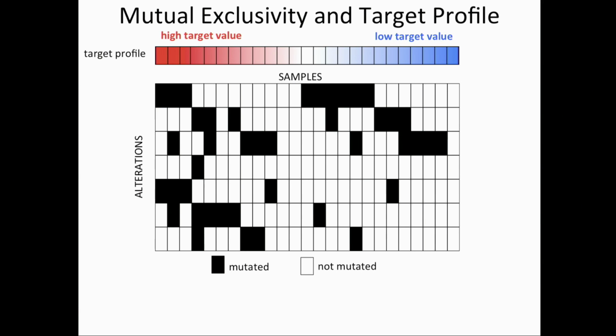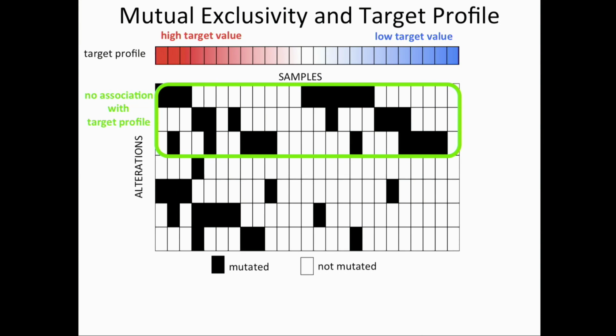And so we can now use these target profiles to do a supervised learning of these mutually exclusive sets, trying to identify not just sets that show high mutual exclusivity. So for example, this is the set with the highest mutual exclusivity in this cohort of samples.